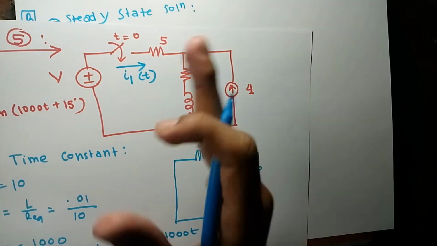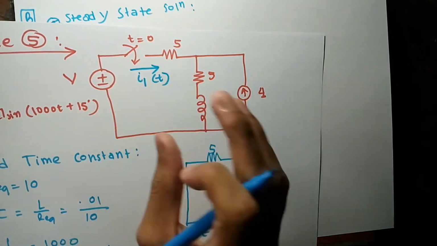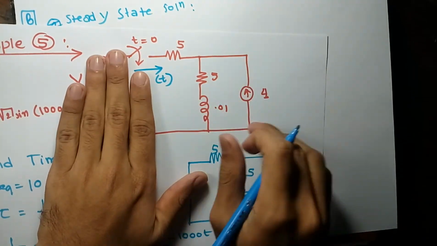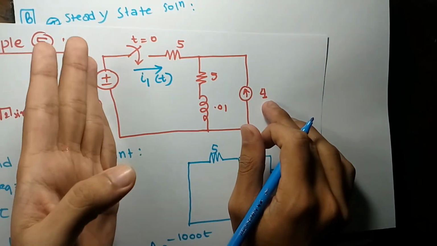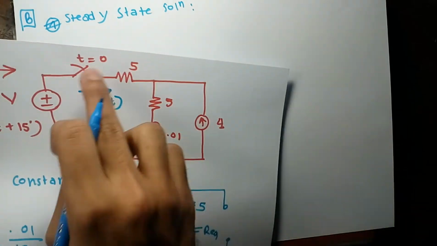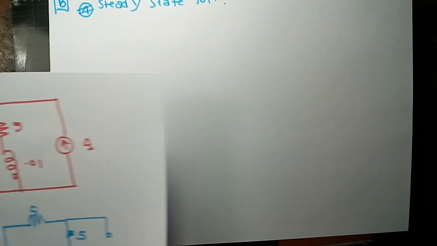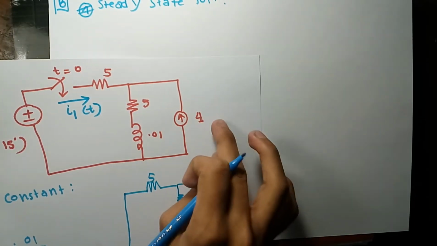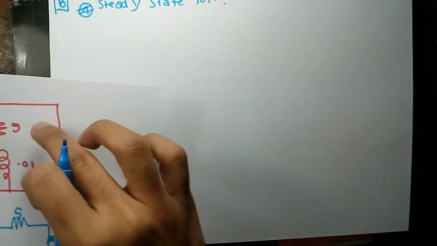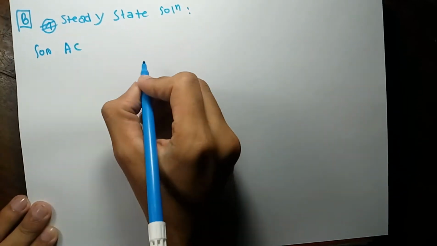That is, we will turn off one and consider the current going through the 5 ohm resistor, then turn on the other and turn the first off and consider the current going through the 5 ohm again, and we will simply superpose them to find the total current going through the 5 ohm resistance.